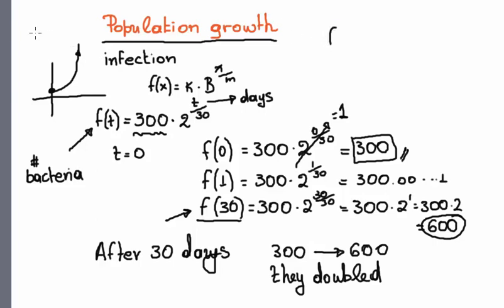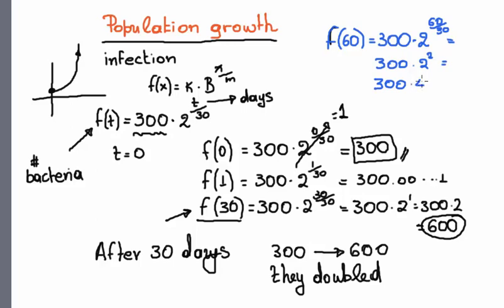The f of 60 is going to be, again, 300, because I'm using the same formula, times 2 to the 60 now, divided by 30. But this is equal to 300 times 2 to the second. And this is 300 times 4.